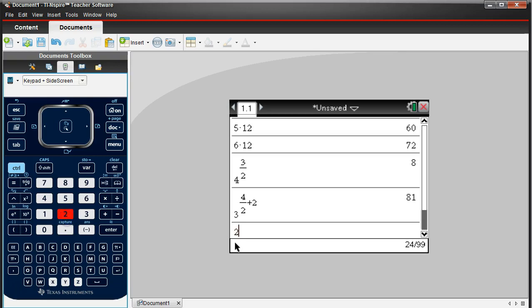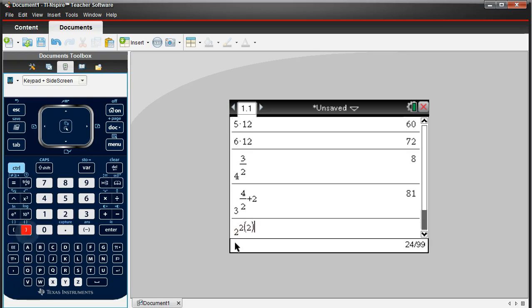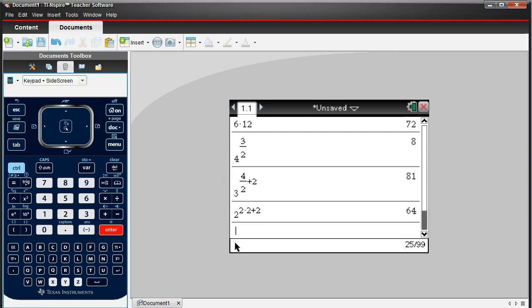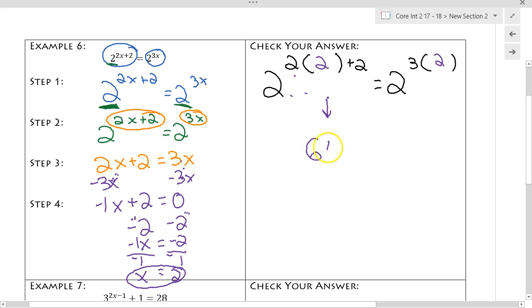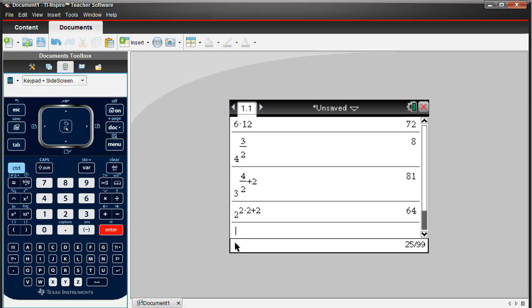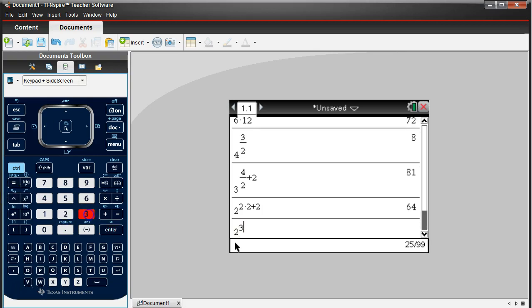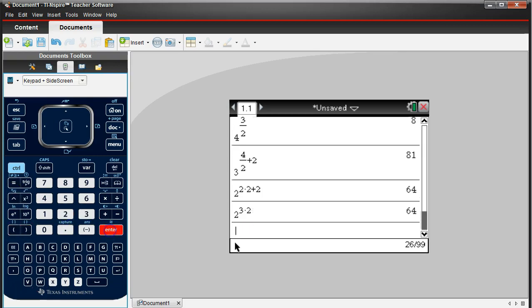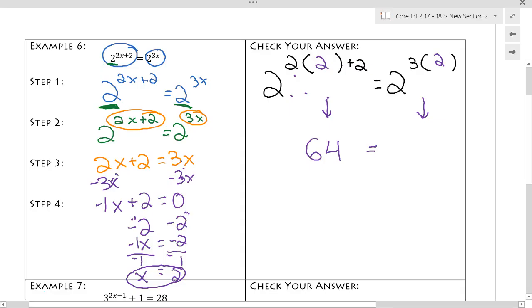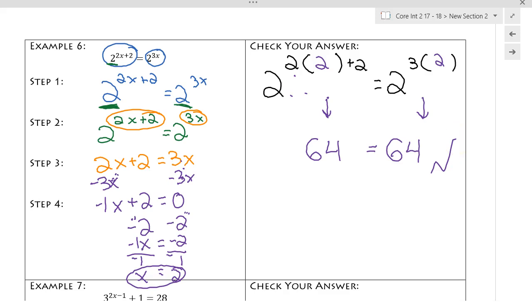Lots of 2s. Exactly how it looks. I get 64. Now I'm going to type this side in. 2 to the 3 times 2. Again, I get 64. So you should be typing it in exactly how it looks. 64 and 64 are the same. Check. Looks like our answer is x equals 2.